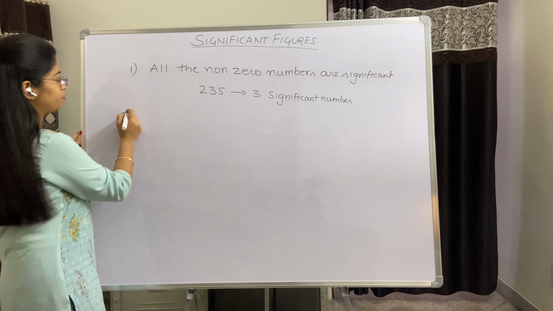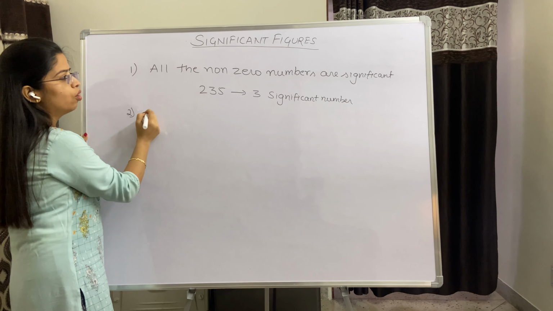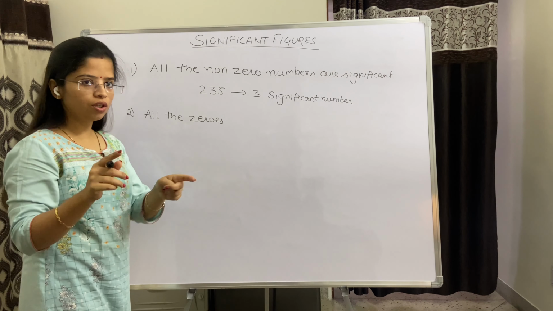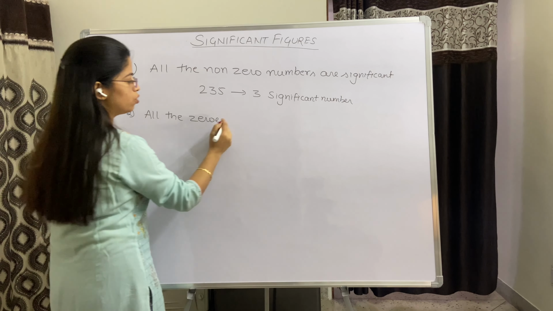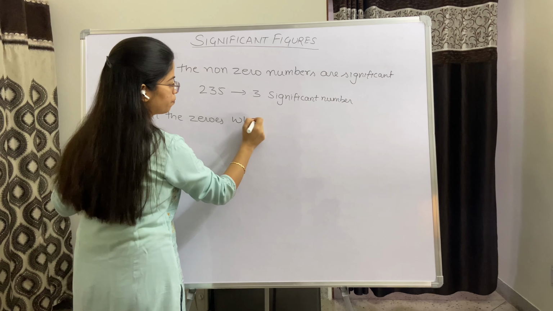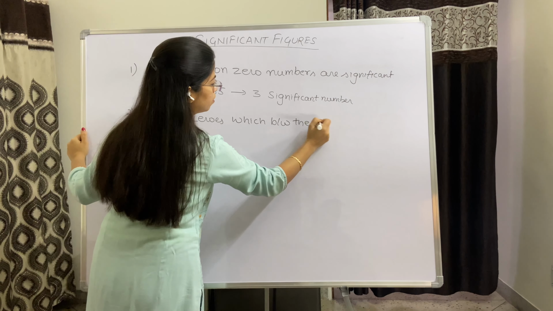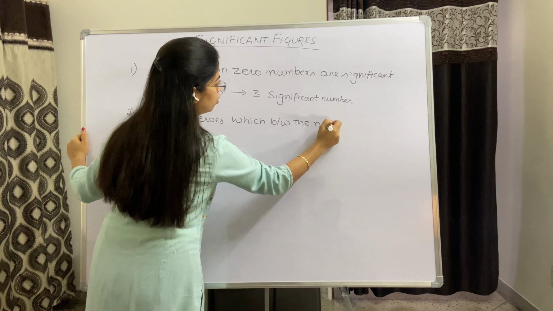Rule 2: all the zeros which are in between the non-zero numbers are significant.